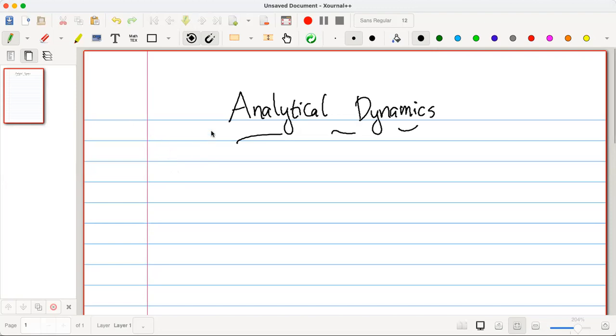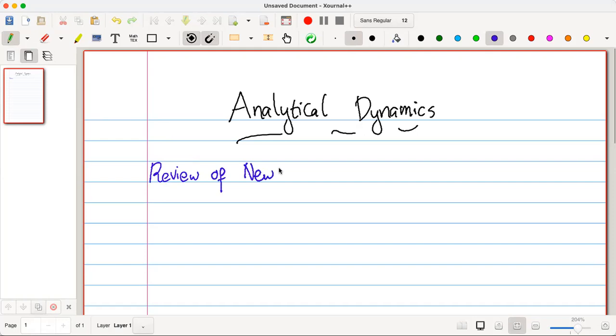All right. So I'm going to start with a review of Newtonian mechanics, and I'm sure you're familiar with this topic, since you're undergraduate or even high school.